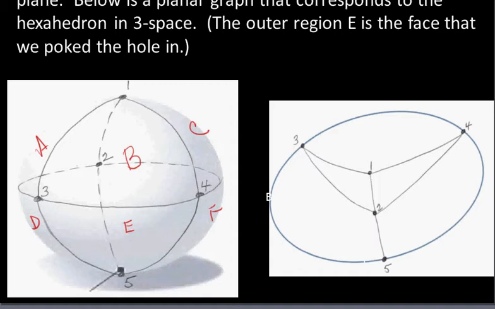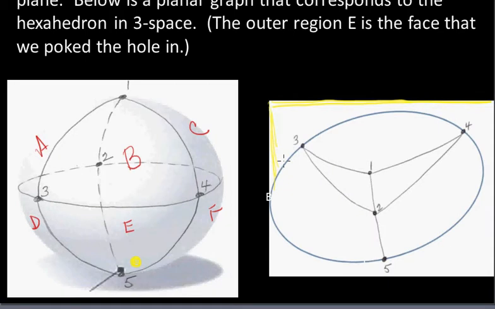Let's take our hole in face E. So we're going to cut a hole in E, like right here, pop a little hole, and then take that hole and spread and spread and spread until it's flat. Now, the edge E, the hole that you cut, becomes the edge of the plane, doesn't it?